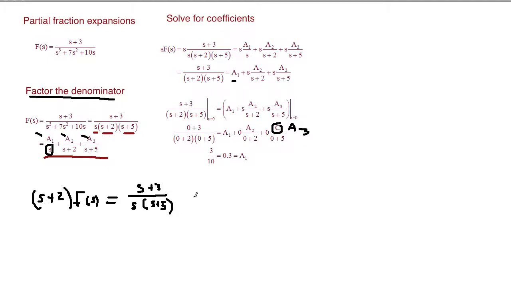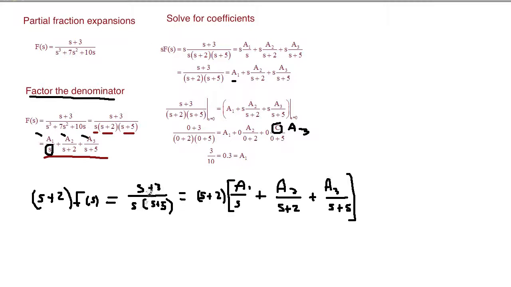Now if I write out the fractional form here, this becomes s plus 2 times a1 divided by s plus a2 divided by s plus 2 plus a3 divided by s plus 5. Okay, so I have s plus 3 divided by s times s plus 5.